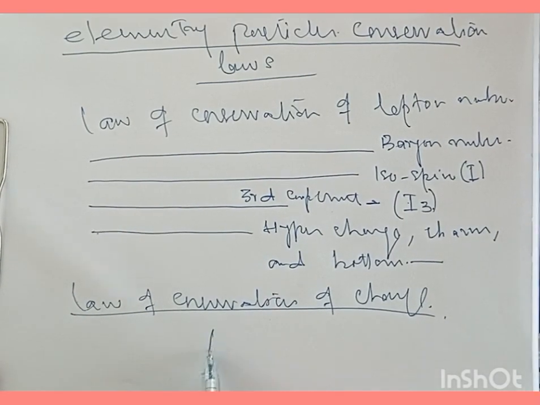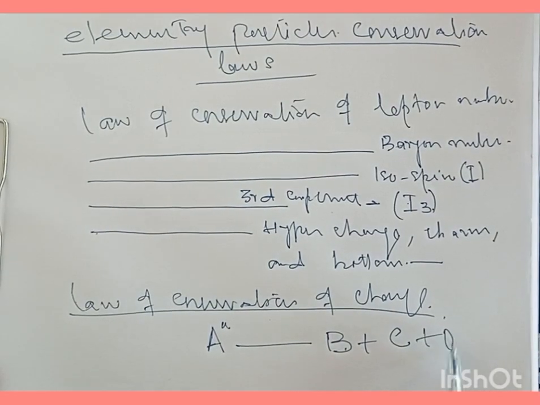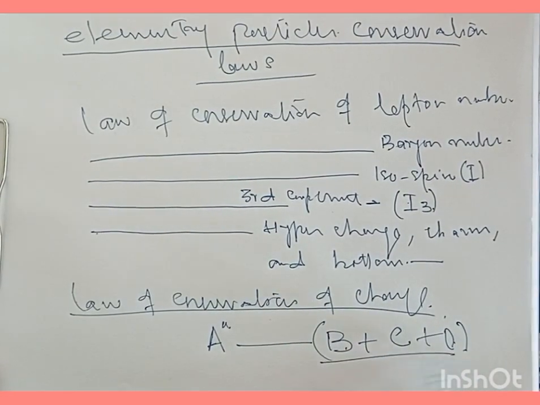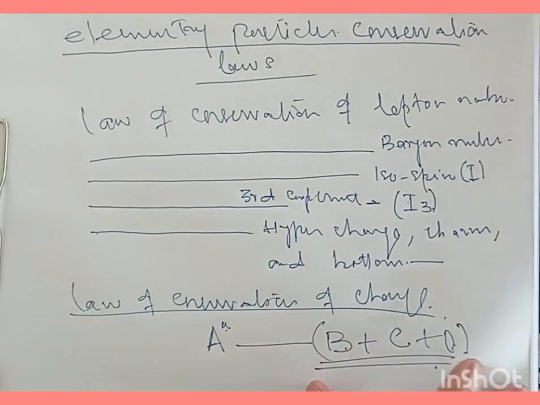That means if you have something with a charge, say charge A, it will decay into some B and some C and some D. The overall charge of the products that we have here must be equal to A.